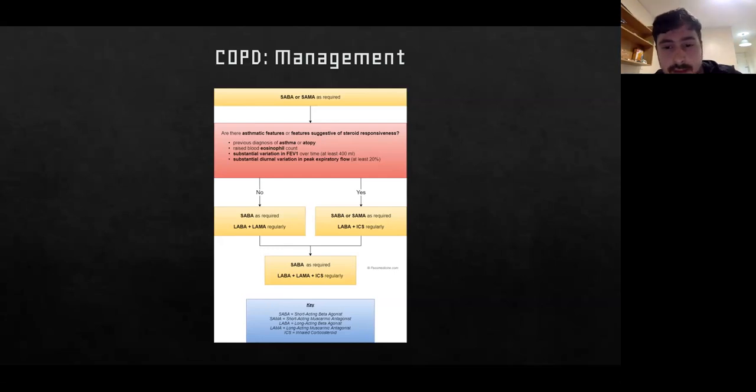If the answer is yes, add a LABA and ICS. If the answer is no, do a LABA and LAMA. And then if this is still not working, regardless of whether they're atopic or not, we put everyone on the same treatment plan, which is SABA, and then LABA plus LAMA plus ICS. You probably remember this from last year, but this is very GP-esque and can come up.